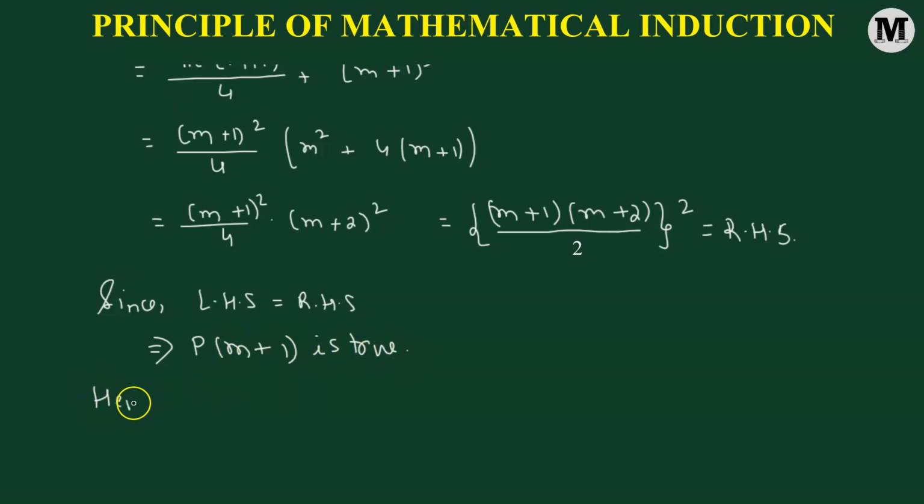Hence, we can say that if P of m is true, then P of m plus 1 is true, so P of n is true for all values of n belonging to the set of natural numbers. That means any natural number that we pick, P of n is always going to be a true statement using the principle of mathematical induction.